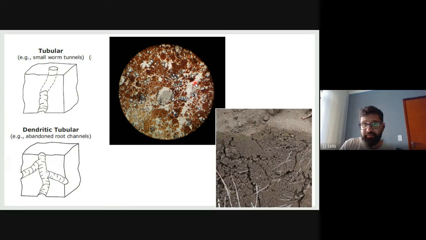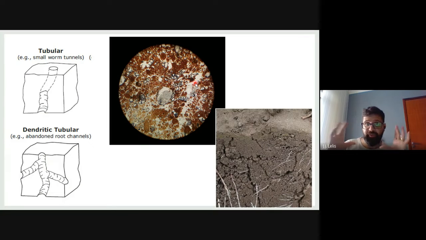We can easily see this in surface horizons or horizons very close to the surface, but we also can use these features to identify a buried horizon, especially buried surface horizons, because these horizons were formed in the past at the surface and were buried after that, and they present a lot of tubular and dendritic tubular voids.